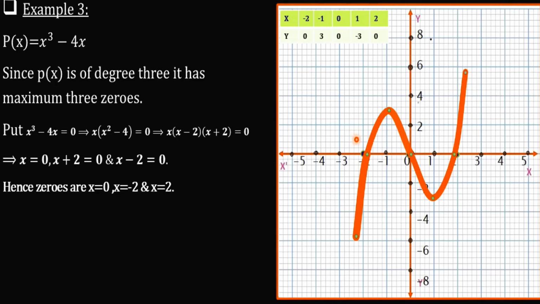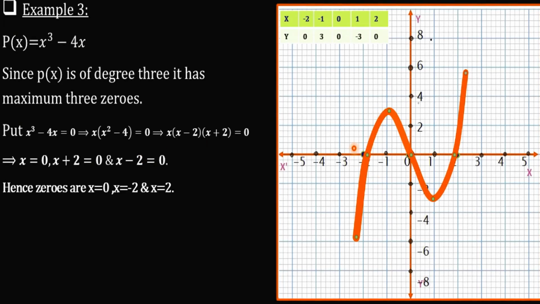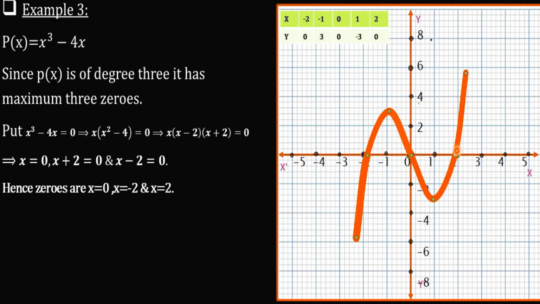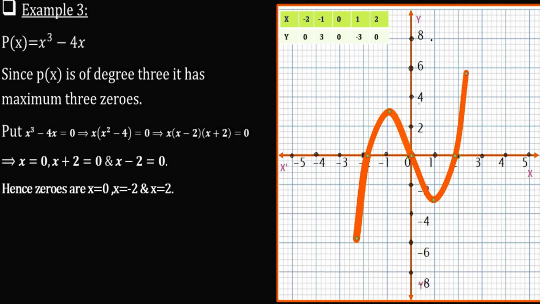Connecting these points, our graph will be like this. So we can note here that the graph is intersecting at 3 points, that is x equal to -2, x equal to 0 and x equal to 2 at the x-axis.